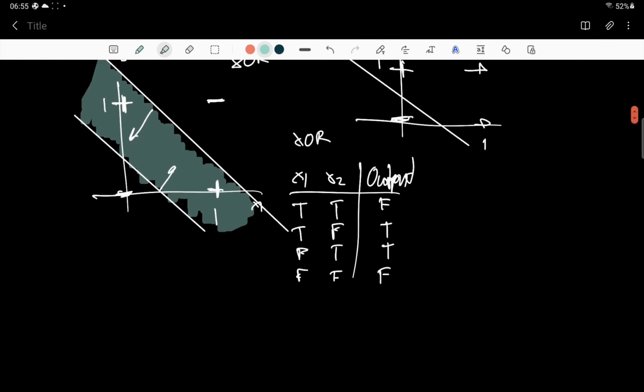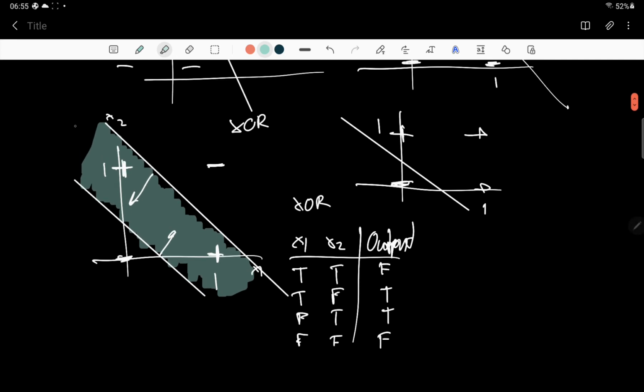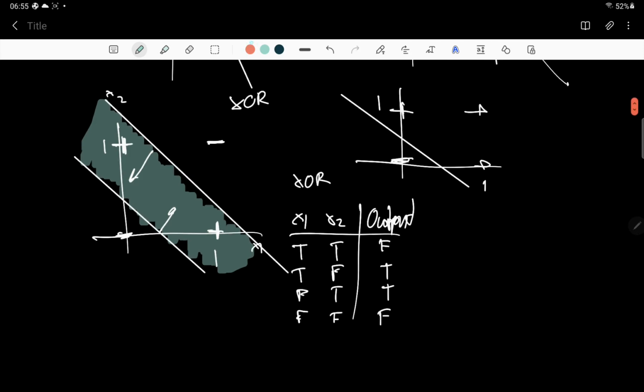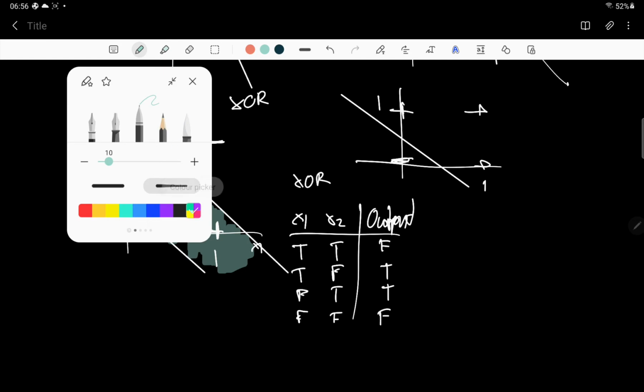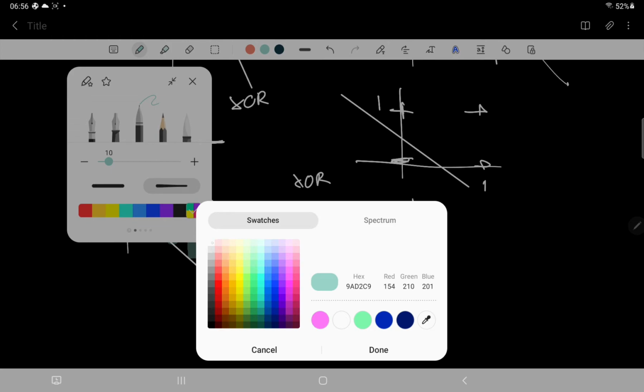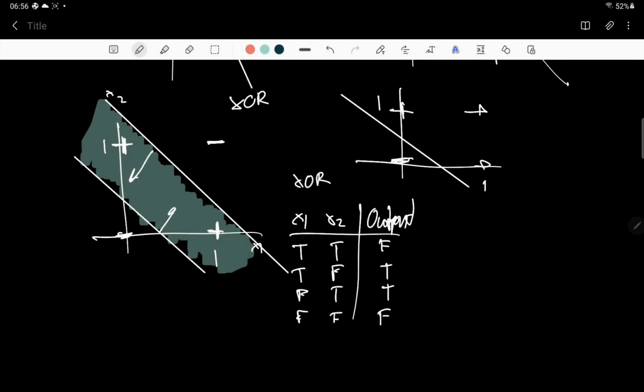The idea is, we call this the perceptron number 1 here, and this one is perceptron number 2.